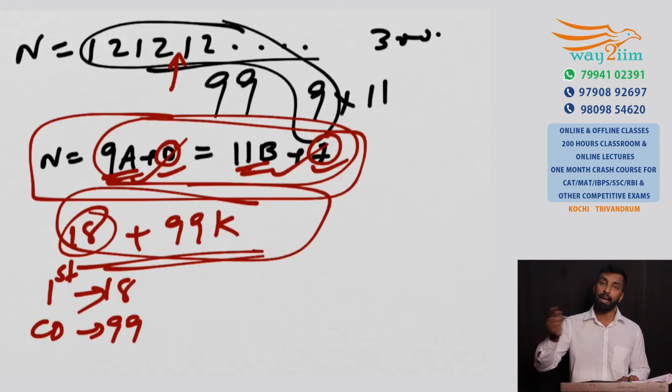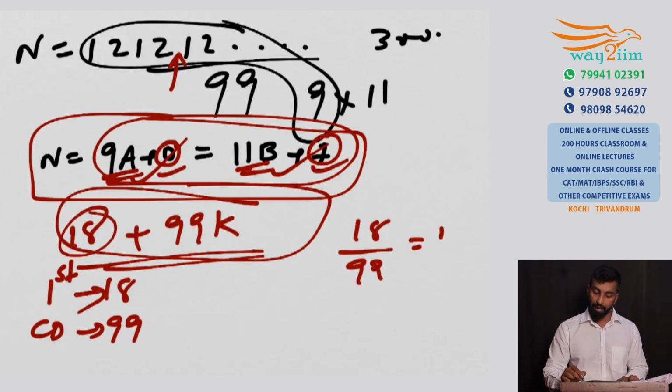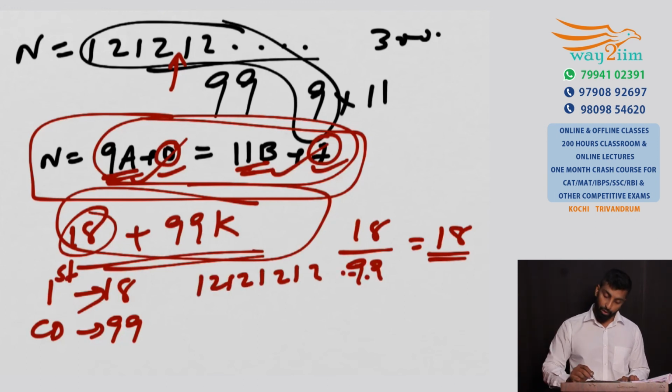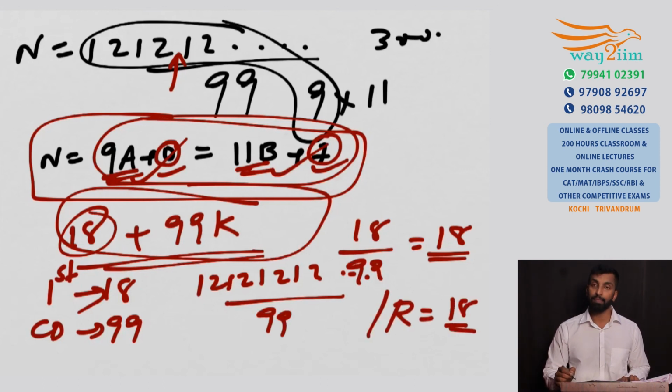Whether it is the first term or the last term, the remainder will be the same. So here the first term is 18, divide by 99, what will be the remainder? 18 itself. So if one of the terms is 1, 2, 1, 2, 1, 2, and so on, 300 times, you pick that, divide by 99, then also you get remainder 18. Constant remainder theorem. So we are following both the Chinese remainder theorem and the constant remainder theorem.